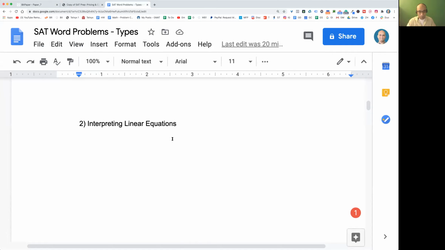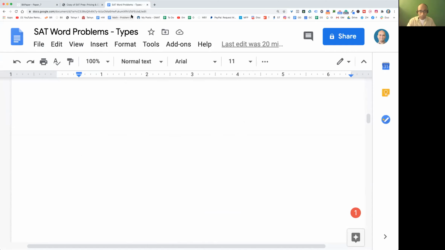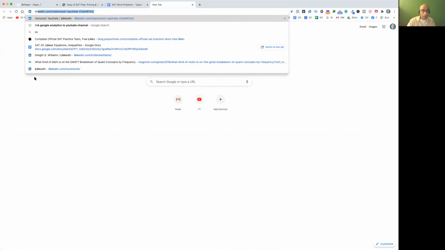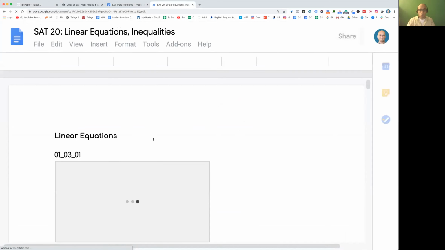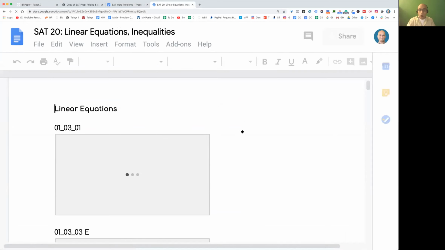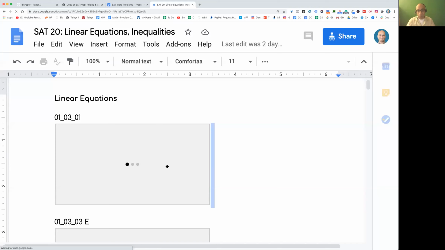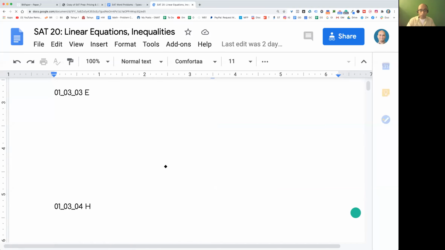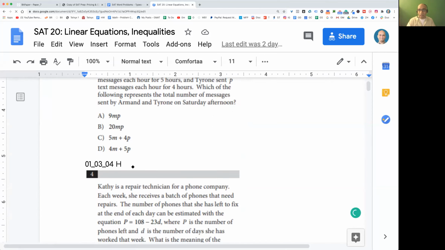Like I've got problems like this. I've got problems like this. I've got problems for linear equations, which we were doing just recently. I'll just show you the linear equations, which is a super important part of the SAT. All of these are SAT related problems, right? They're actually from SAT practice tests, other tests which are publicly available, right? We are just working off of these problems. It's not like you're looking at some problem some guy invented.